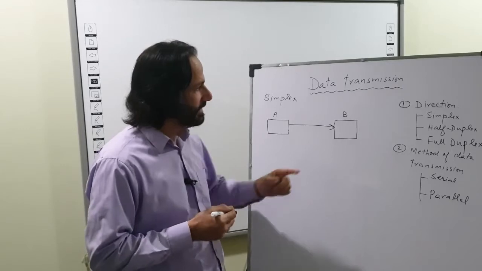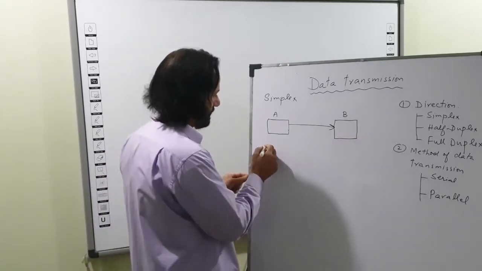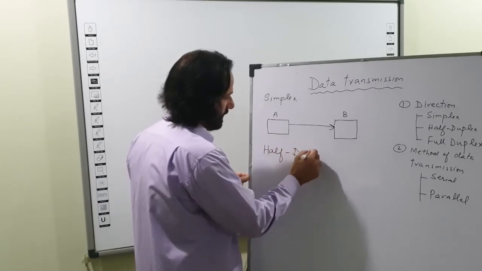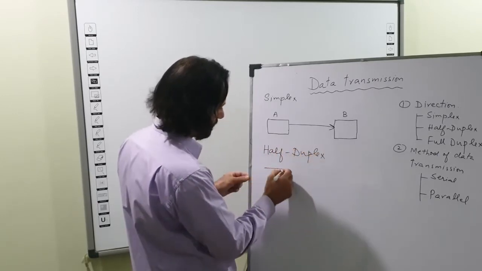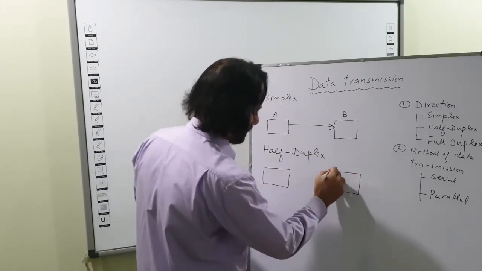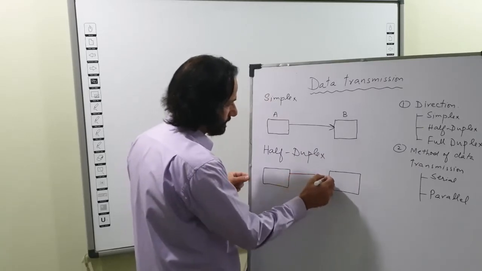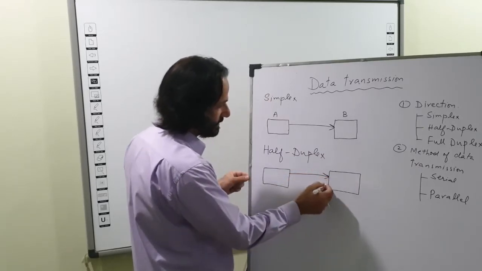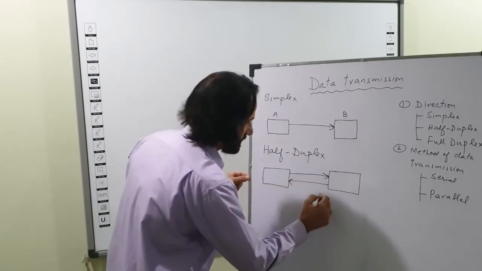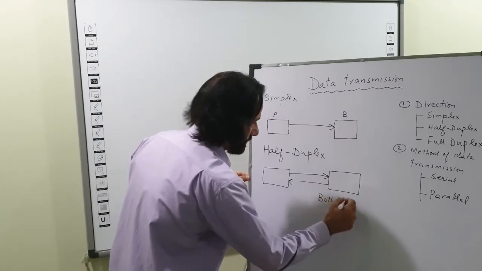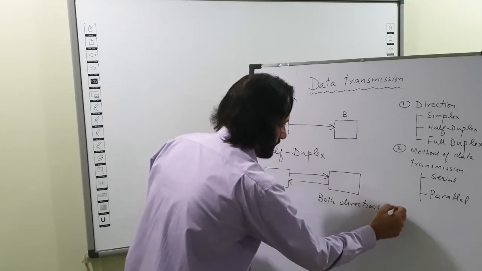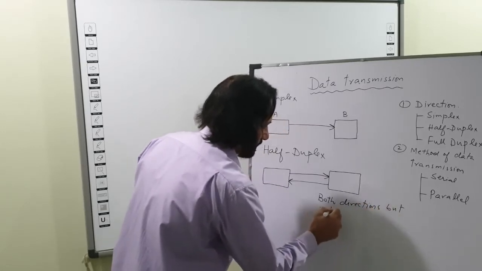Now let's discuss half-duplex. The second type is half-duplex. Again, we consider two computers. Now the data can go in both directions but not simultaneously. Data can be transmitted in both directions but not at the same time.